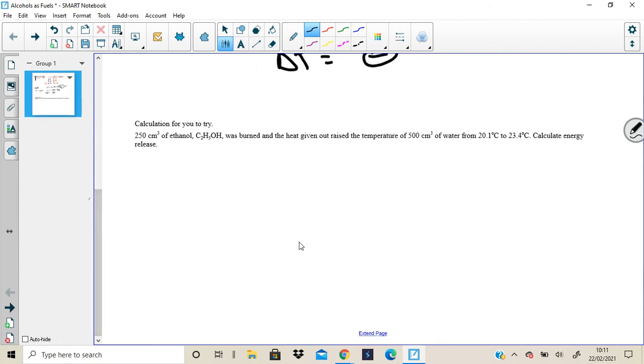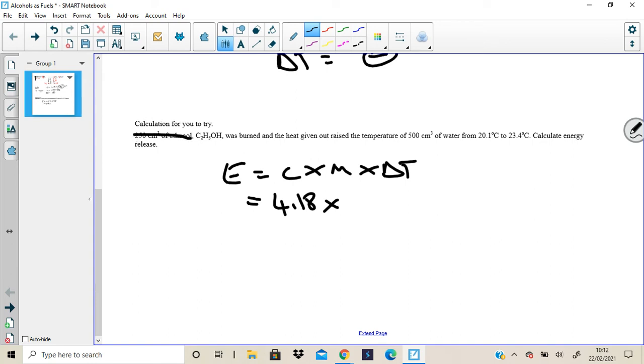So, typical question here. It is, first thing, 3 marks. You do not get a mark for just writing out the formula. Okay, you need to do a wee bit more to get your first mark. C is 4.18. Now that is also in your data booklet, last thing on that contents page. It's not to do with the alcohol, ignore that.